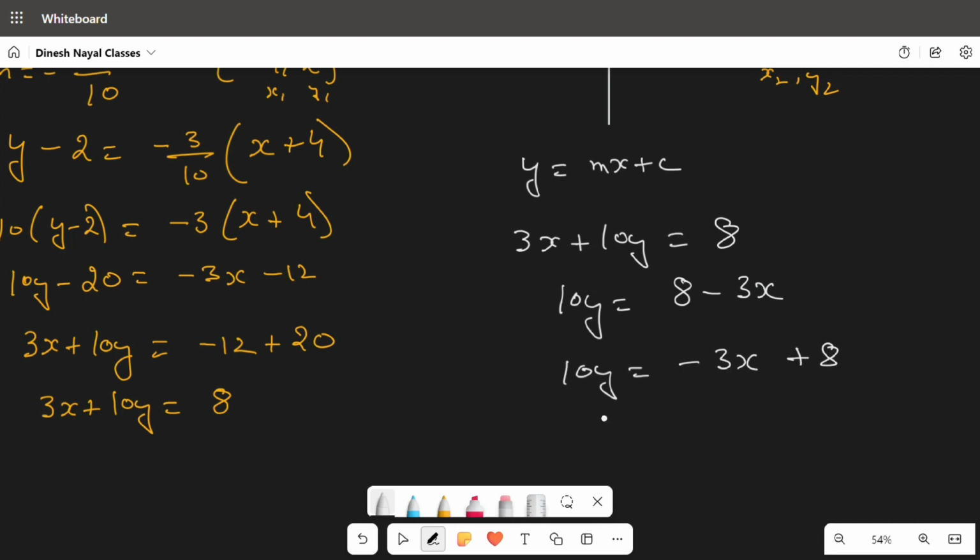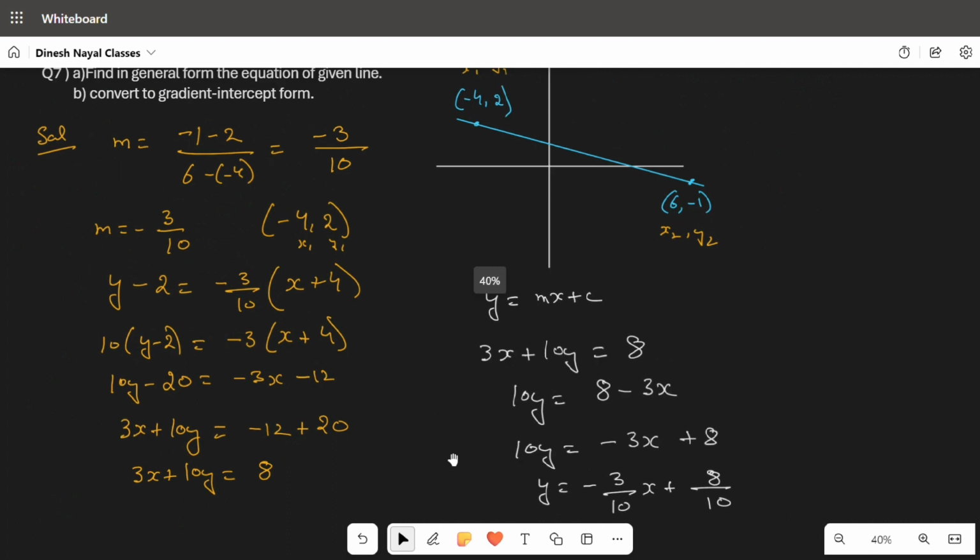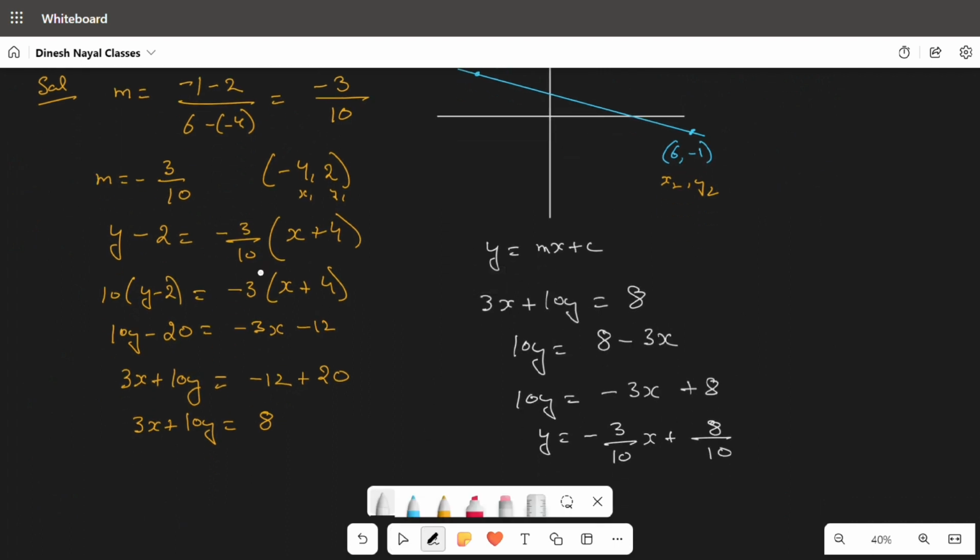Now divide throughout by 10, so y equals minus 3 by 10x plus 8 by 10. So this is the gradient intercept form. Now as you can see, the slope of this line was minus 3 by 10, which we calculated, and from y equals mx plus c, you can see the slope is minus 3 by 10. Okay, next question.